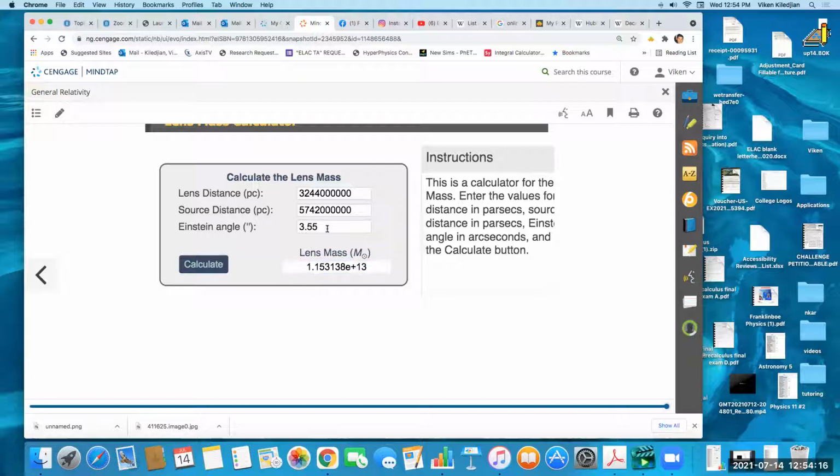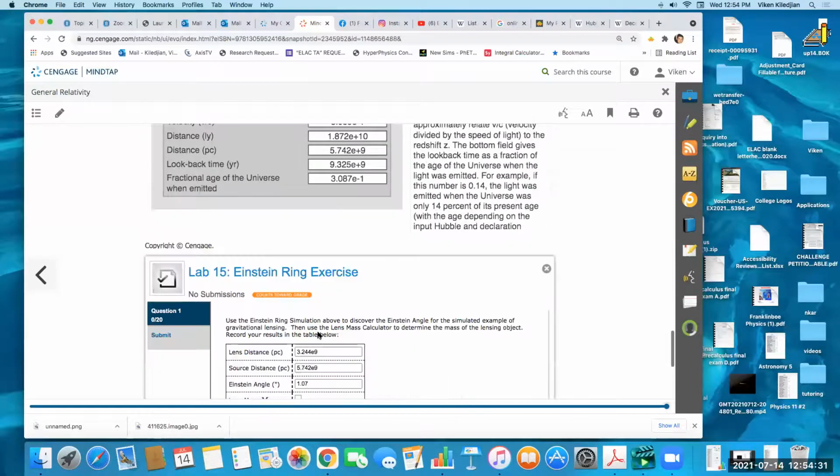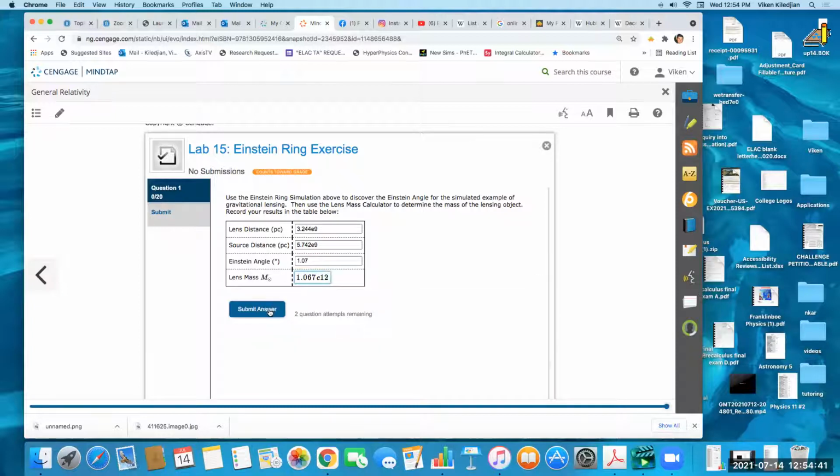So let's go back to the original one, 1.08. Calculate. So then I'm just going to put 1.067 e to the 12th. And let's see how much it accepts.